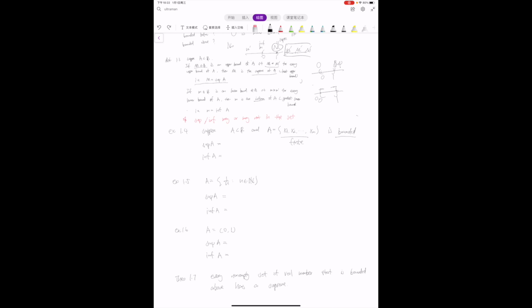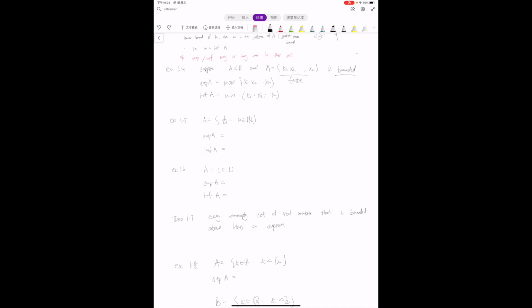The supremum of A will be the maximum of x1, x2, ..., xn. It is easy to understand. And the infimum of A will be the minimum of this set.